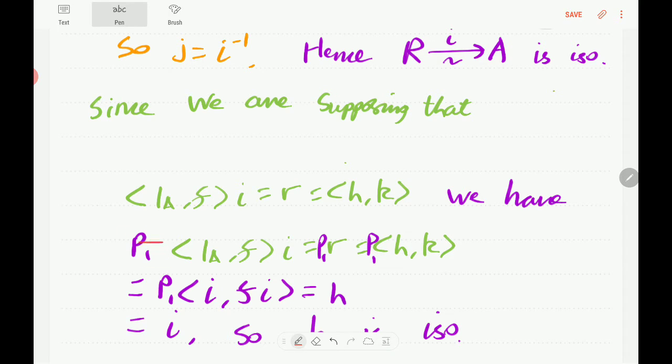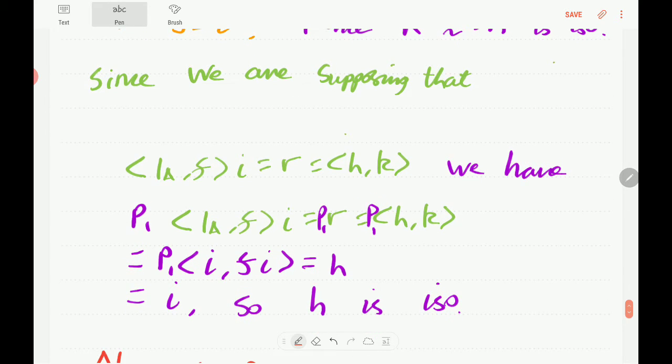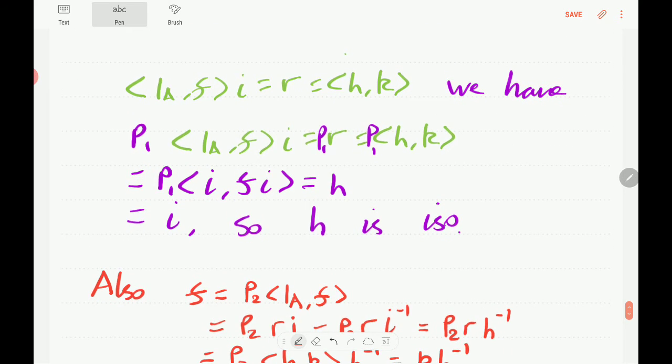So this gives us that p1 after the graph of f after i is equal to p1 after h comma k. So basically, from this right hand side we get h, and from this left hand side we get i, so we get i equals h. And we know that i is an isomorphism, so that means h is an isomorphism.